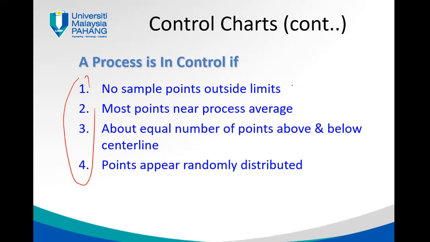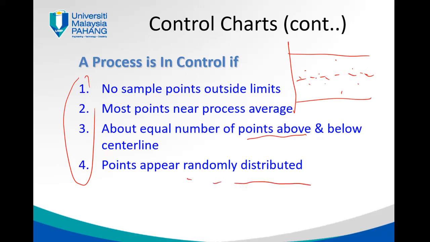Second, points are located near the average; let's say this is the average, and we have the points mostly near it. Third, the number of points above the center line and below are roughly the same. Fourth, points appear randomly distributed, so there is no pattern that we can observe. That means the points must be in random distribution.